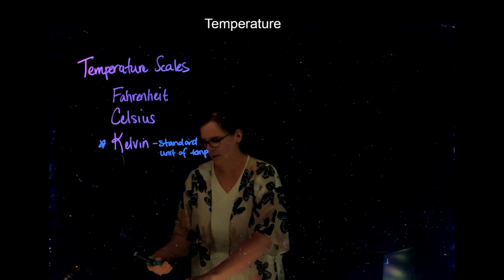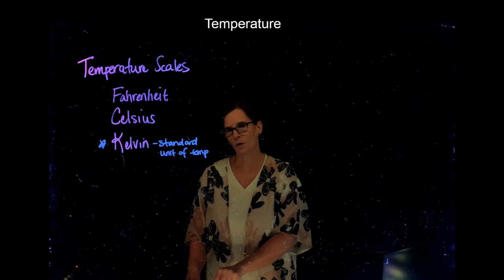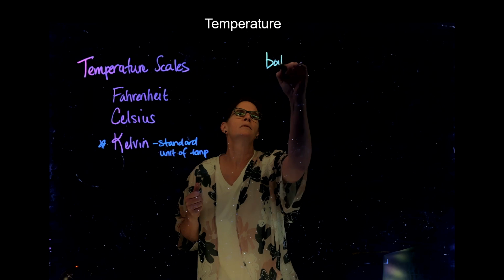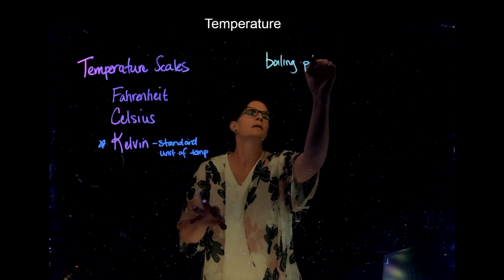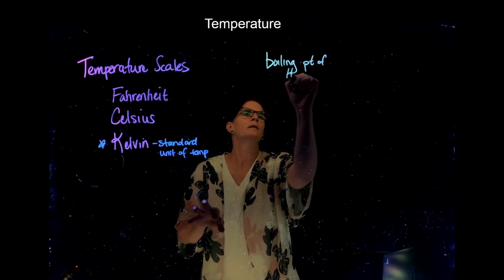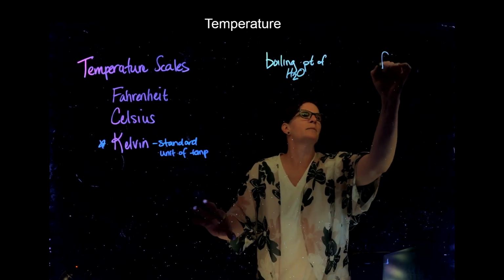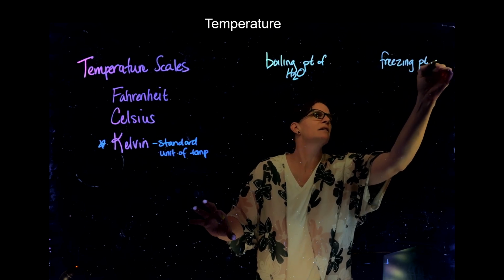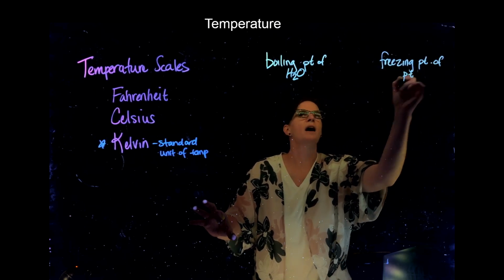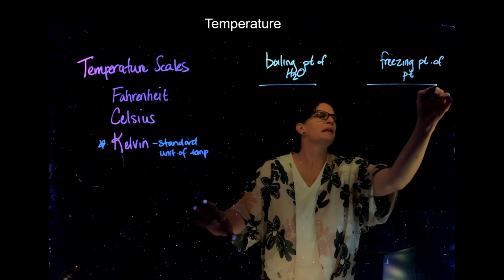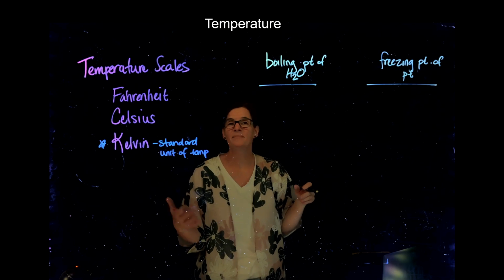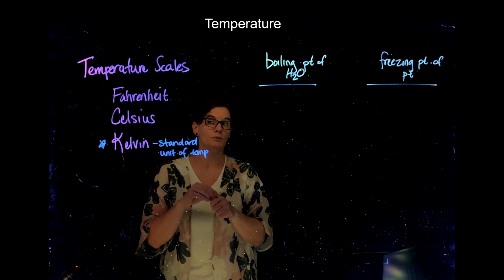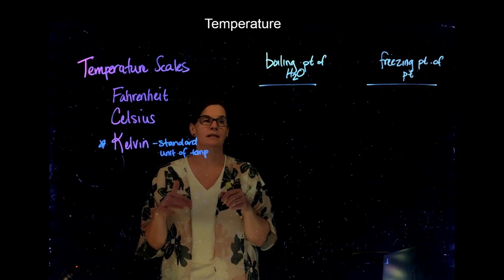And the 2 benchmark points that are used for temperature are the boiling point of water and the freezing point of water. So these are values that are commonly known. You should know them. You should remember them. And they are what we can then use to relate our 3 scales.